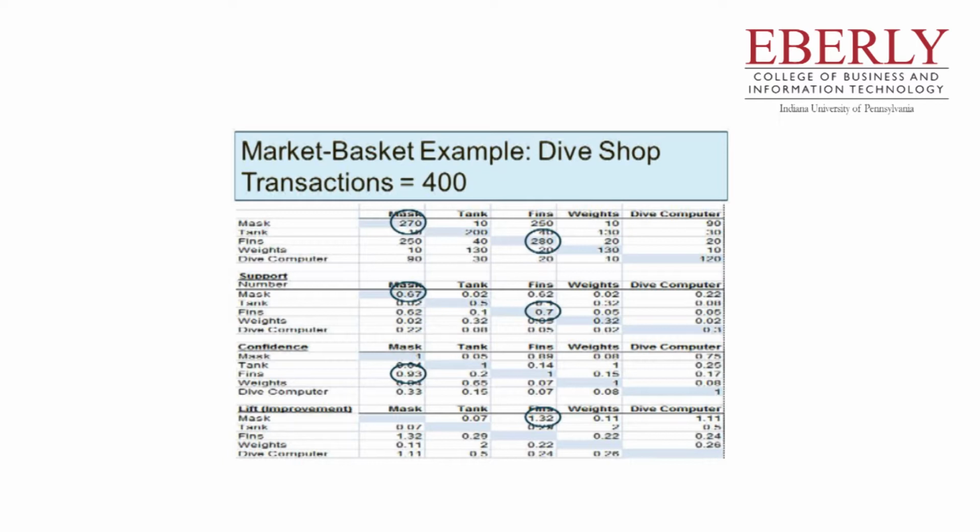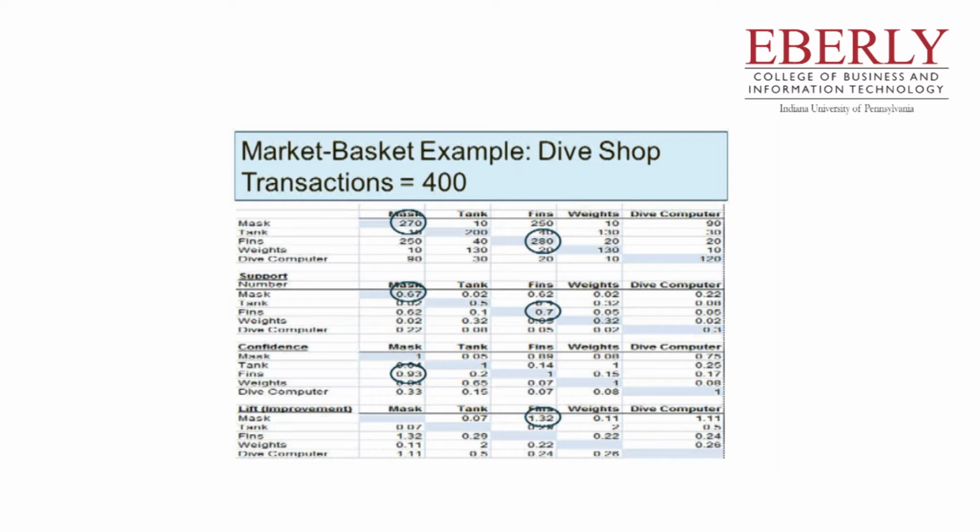to 0.156. The ratio of confidence to this base probability of buying an item is called lift. Lift shows how much the base probability increases or decreases when other products are purchased. The lift of fins and a mask is the confidence of fins given a mask divided by the base probability of fins.